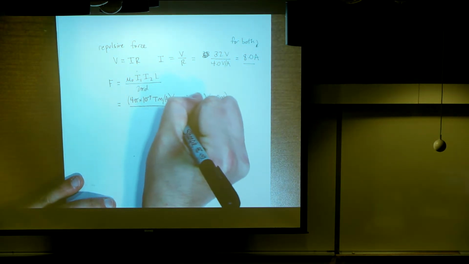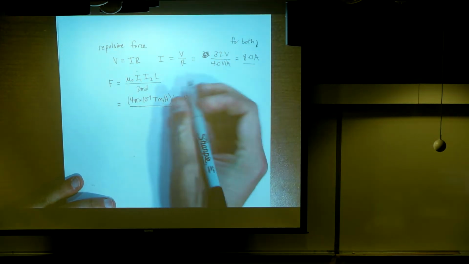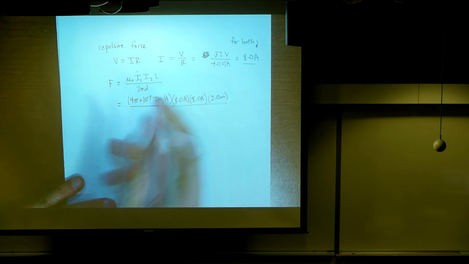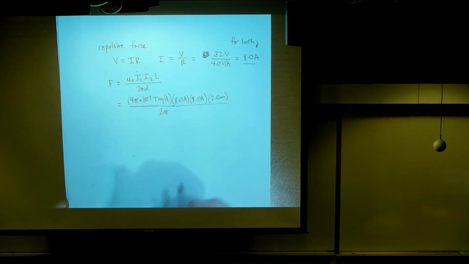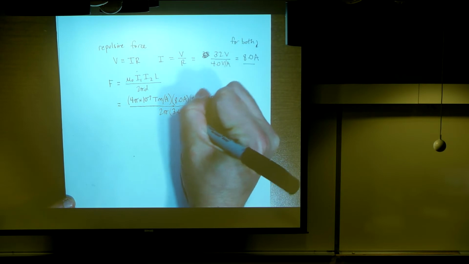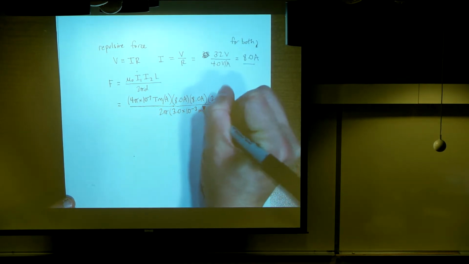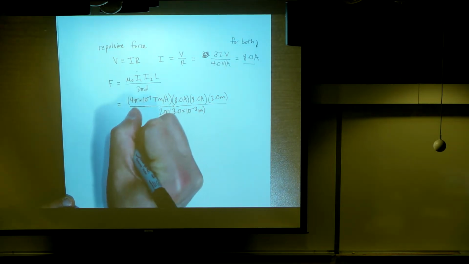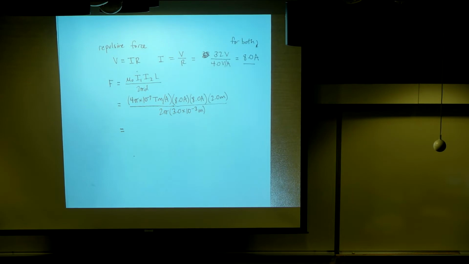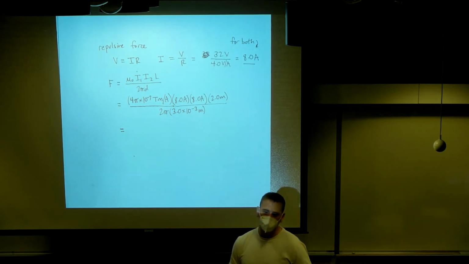All right, divide this out. We have 2 pi, and then the distance between the wires, that was our 3 millimeters. So let's say 3 times 10 to the minus 3 meters, okay? Now, I'm not going to go through the whole unit analysis here. What I advise you to do when the units get complicated is just put everything into your equation with SI units.